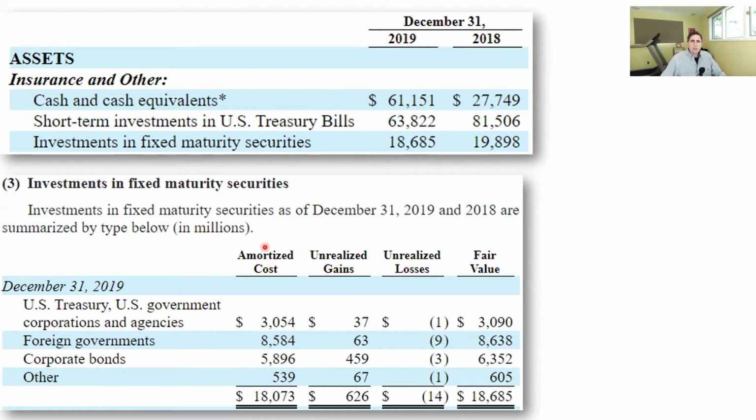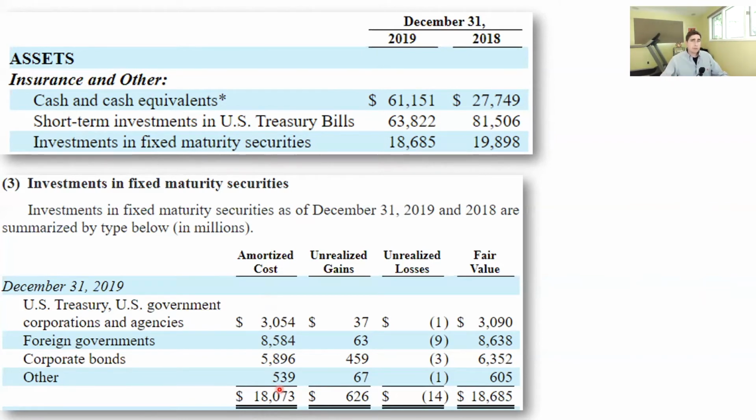This column is for the amortized cost, which is a slightly complicated way to say this is the cost of those investments. So what did Berkshire Hathaway pay when they initially made these investments? If you sum up all of these costs, it's $18.073 billion. That's the total cost. So they shelled out $18.073 billion in their own cash to invest in these securities.